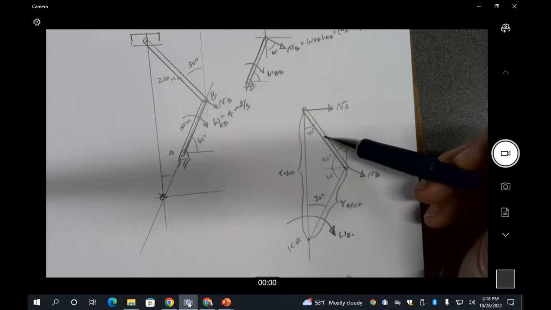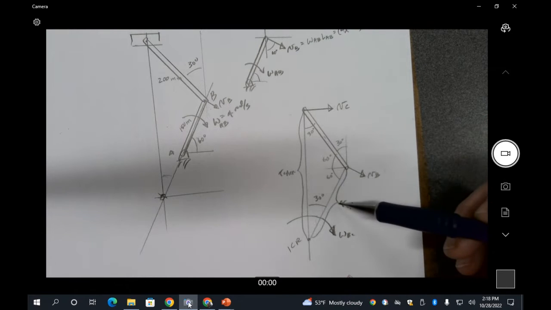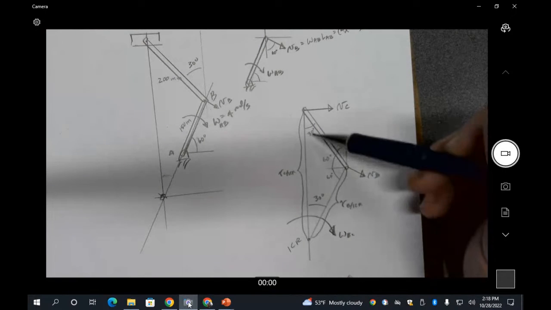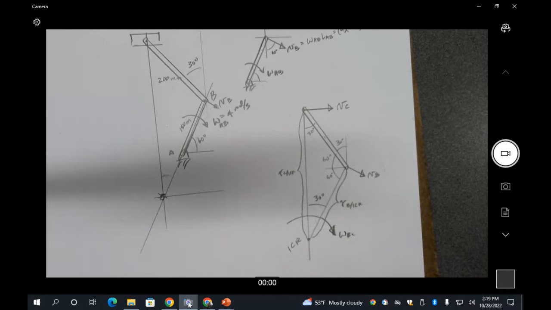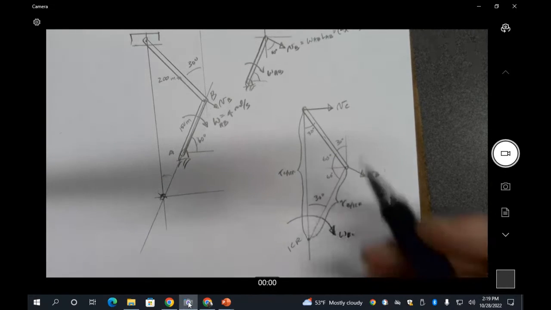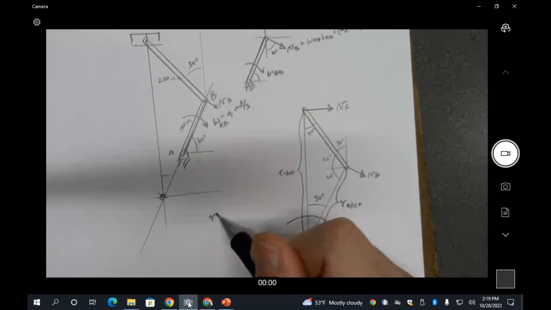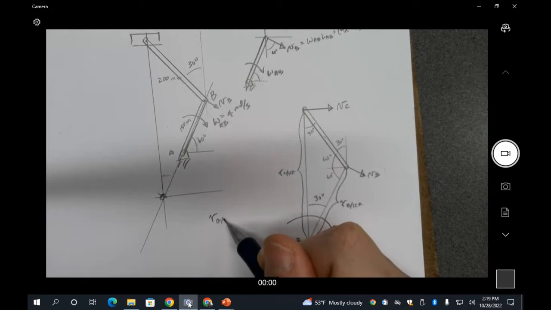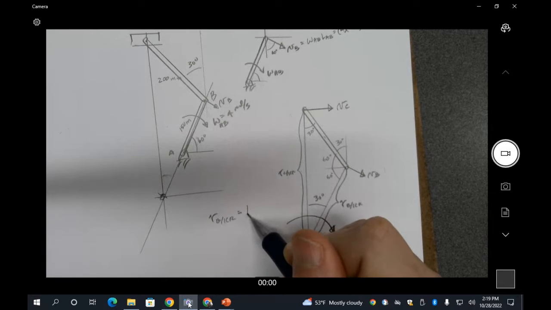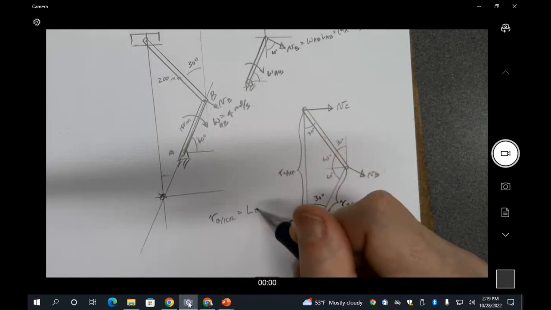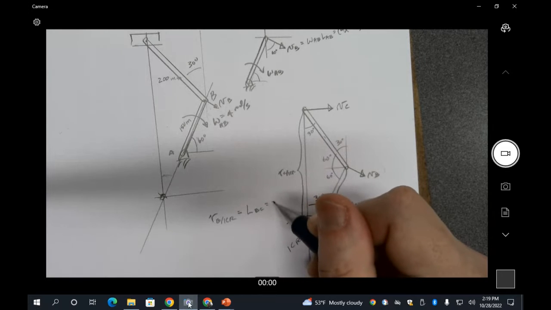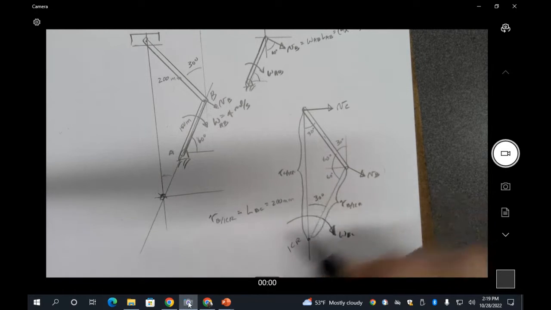And we remember that this length must be the same as this length, because it's isosceles. But anyway, so we know that RB with respect to ICR has to be equal to, let's call it length BC, which is 200 millimeters.